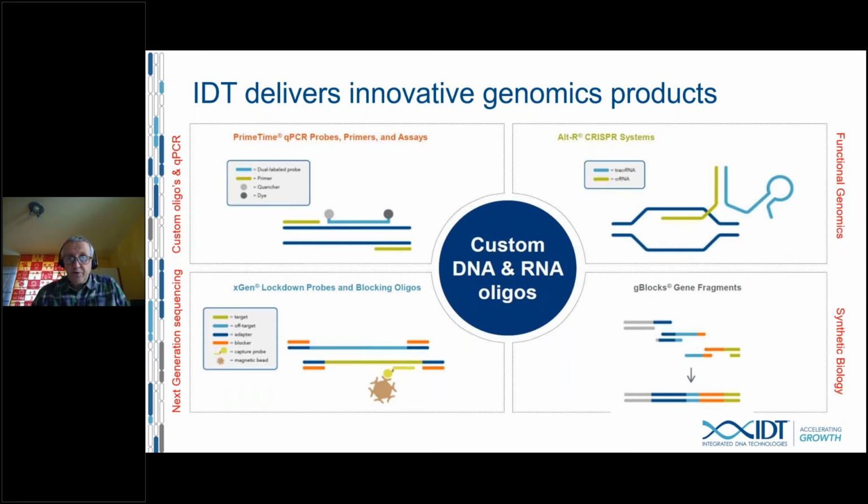In the functional genomics, we are using the RNAi oligos and guide RNAs together with the required enzymes. In synthetic biology, G-blocks and gene fragments are key players, and with the next generation sequencing applications, we are making use of oligos for generating adapters, blocking oligos, and probes that can do the capturing of the target DNA sequences.